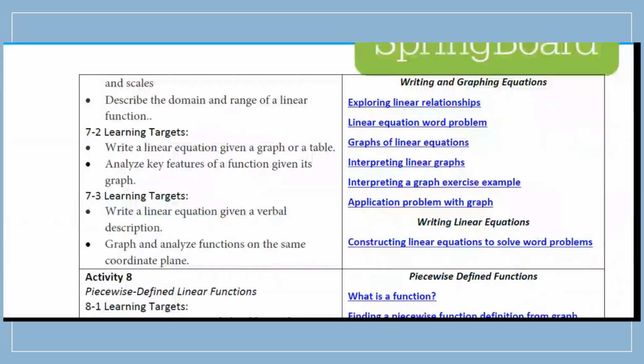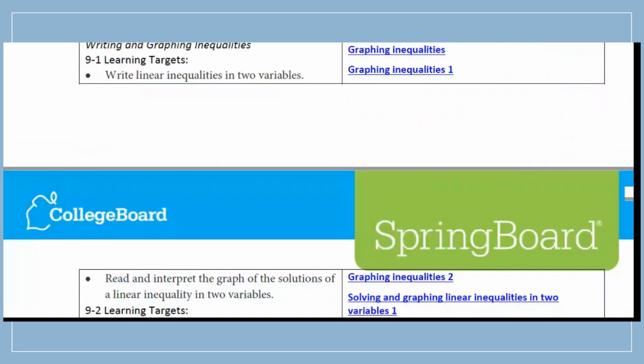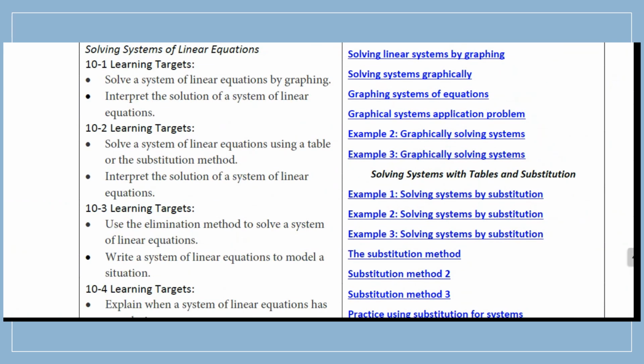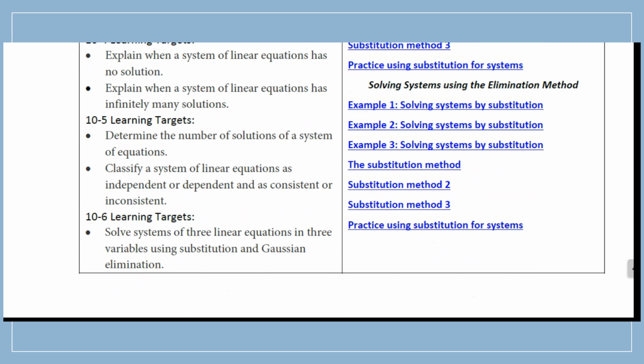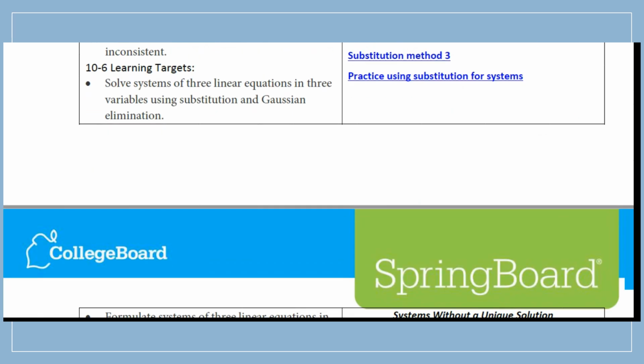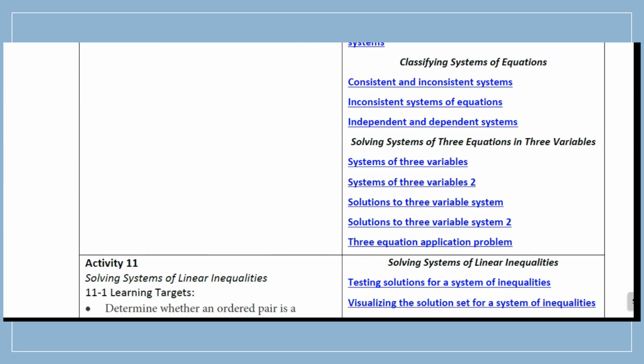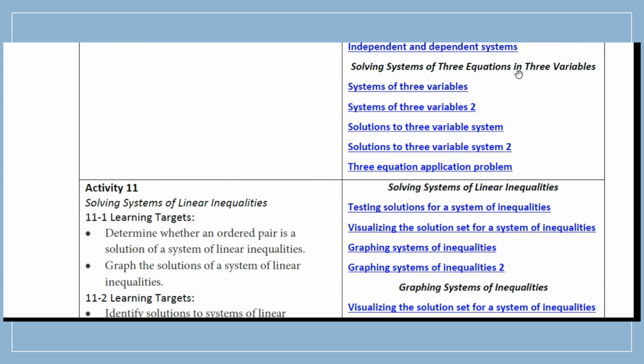So if you scroll down to activity 10, you'll see systems by substitution and all that. And then you'll get down here where you've got solving systems of 3 equations in 3 variables. These are 1, 2, 3, 4, 5 really excellent videos that'll talk you through a little bit more and a little bit more if you truly want to understand them, which you need to. Okay, so those are great resources.